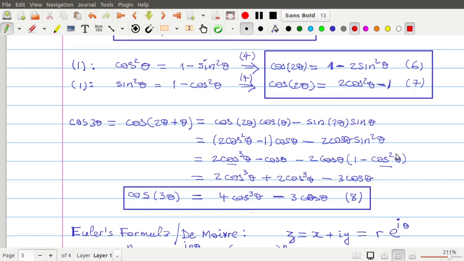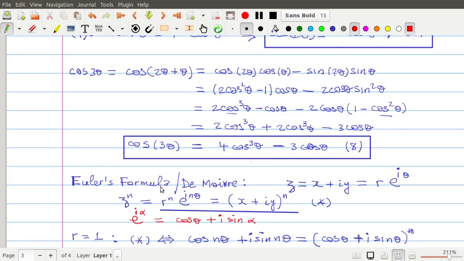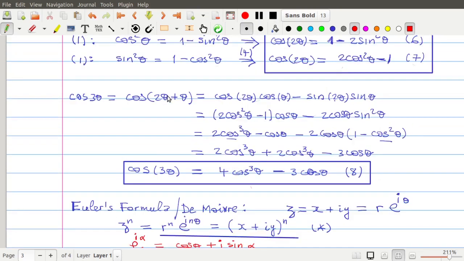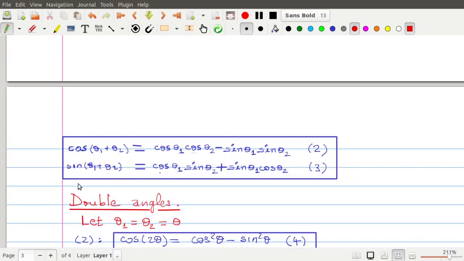And we showed that we can also use Euler's formula and Pascal's triangle, that is the binomial expansion, to compute the cosine or the sine of multiple angles. We did it for the triple angle, and for the triple angle or any angle, you can still use this formula and perform it many times.